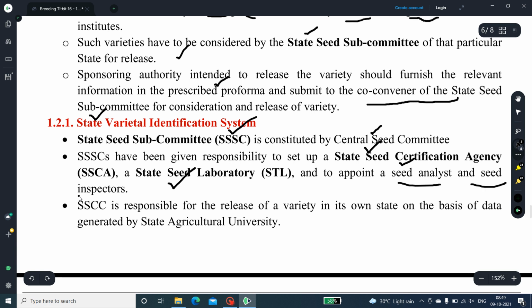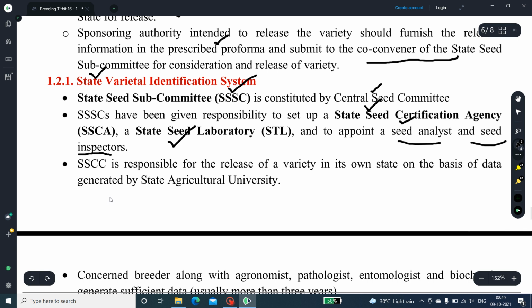These are all the responsibilities of the state seed subcommittee, and it is also responsible for the release of varieties in its own state on the basis of data generated by the state agricultural universities.